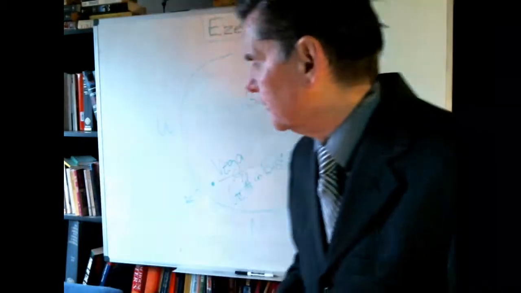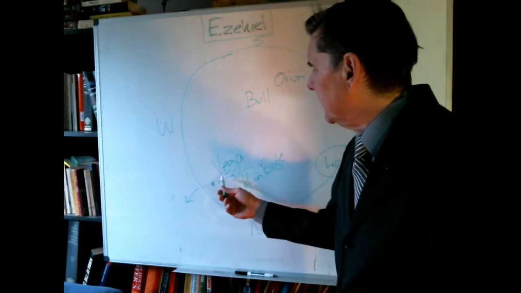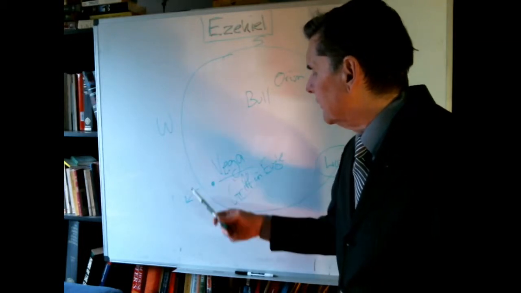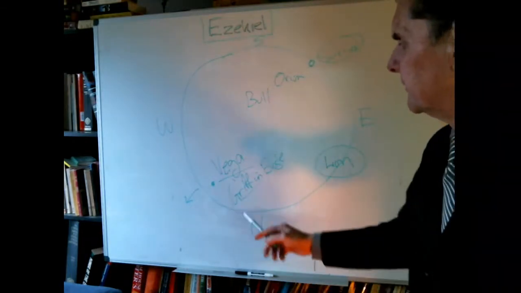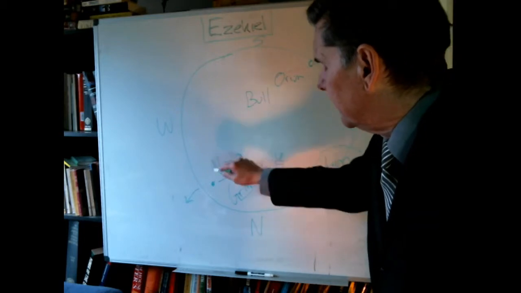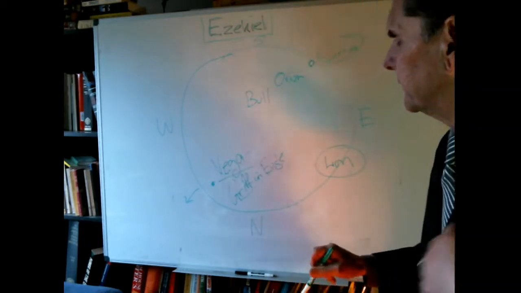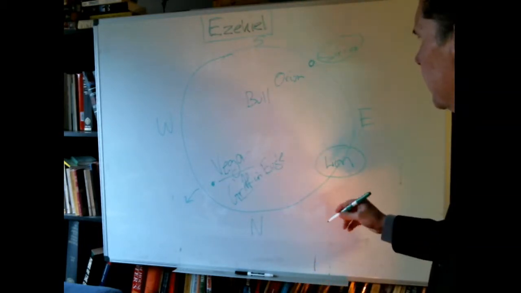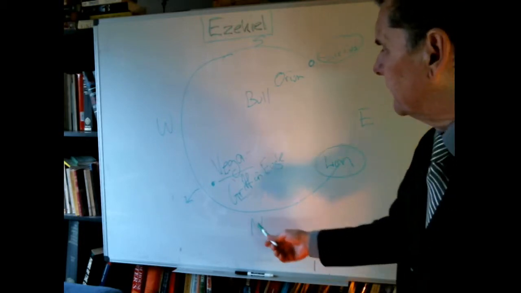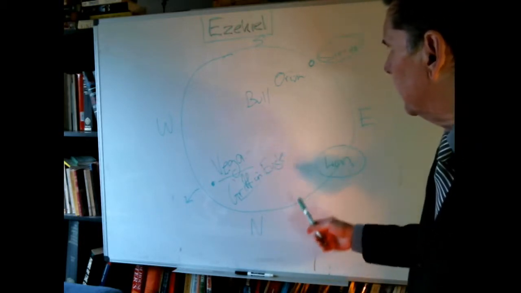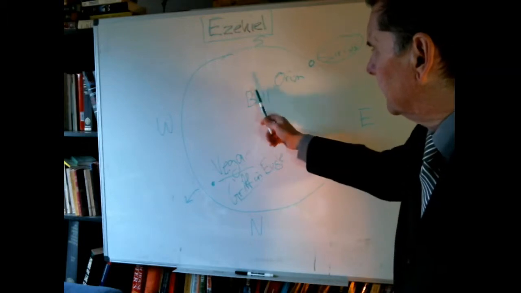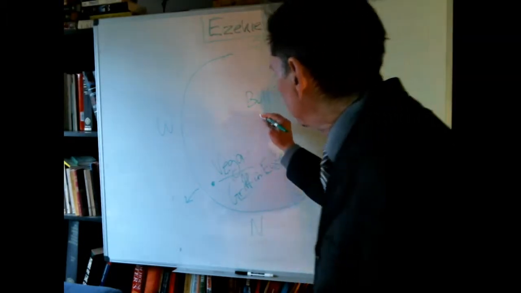So the idea of Vega being this eagle persists to this day in the name Vega, if you look up its meaning and etymology. So here we have the eagle, the lion, the man, and the calf. And right here is Perseus with his sword.